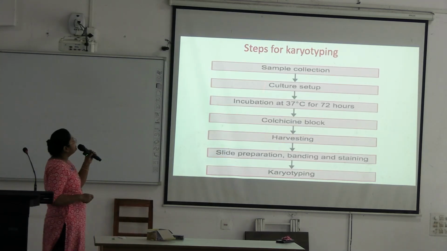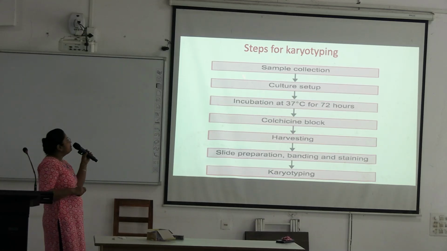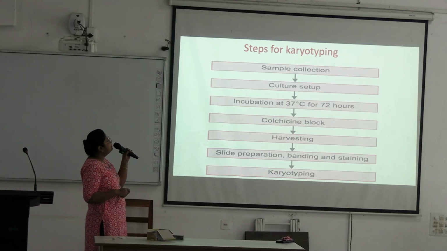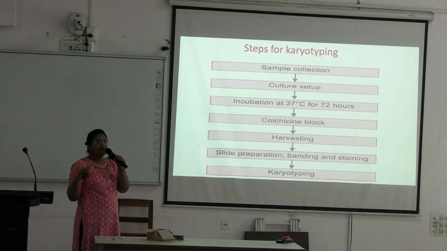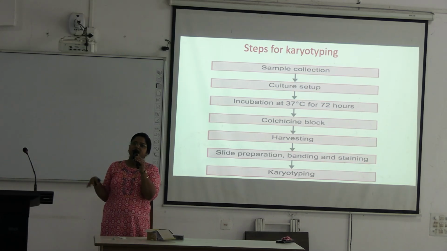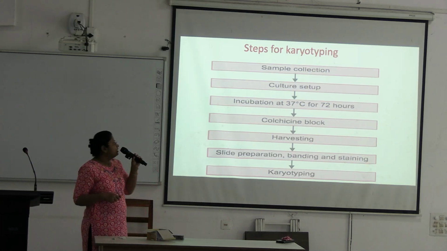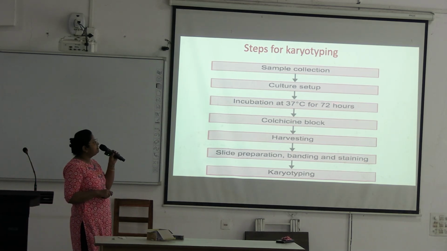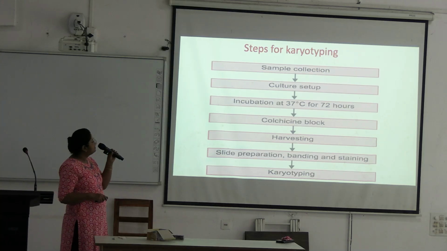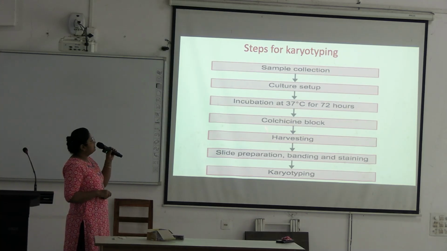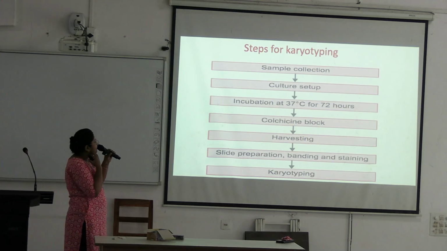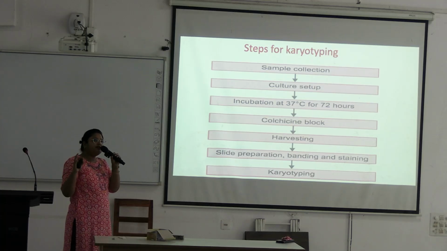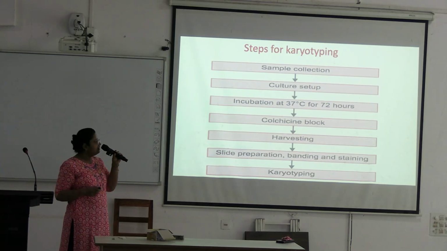So these are the steps of karyotyping. First there is sample collection. Then there will be culture. You have to do the culture of the sample. Culture setup, then incubation at 37 degrees centigrade for 72 hours, 3 days. Then colchicine block is applied, where we are blocking the cell division at the level of metaphase.